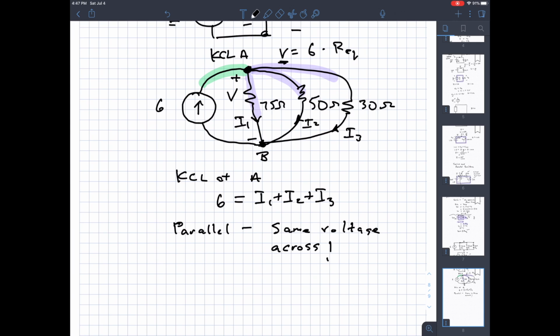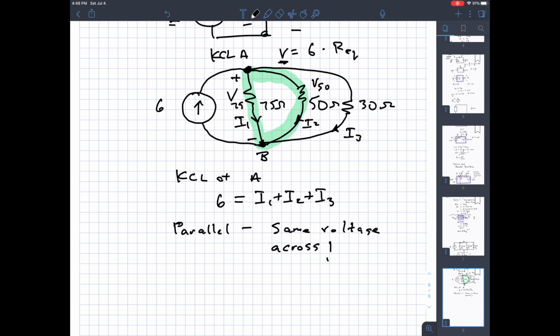If you wrote a little loop equation, let me get rid of these. I'm trying to help you see this, because once you see it, it's obvious, but like I say, nothing's obvious till it becomes obvious. So if I wrote a loop equation here, here's a loop. What do I have? I have the voltage across the 75 ohm resistor. I have the voltage across the 50 ohm resistor.